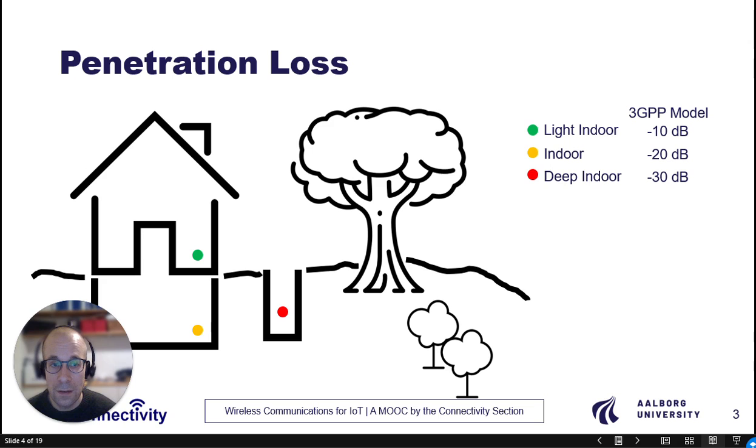This means that within the first few meters of the signal propagation, it's already heavily attenuated. For example, for indoor, having penetrated the building, coming out to the outdoor propagation environment, we only have 1% of the original signal strength left to do the rest of the propagation up to the base station.